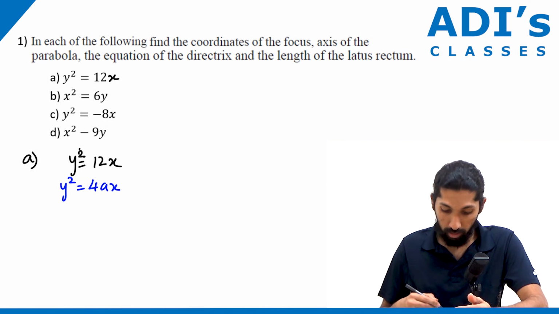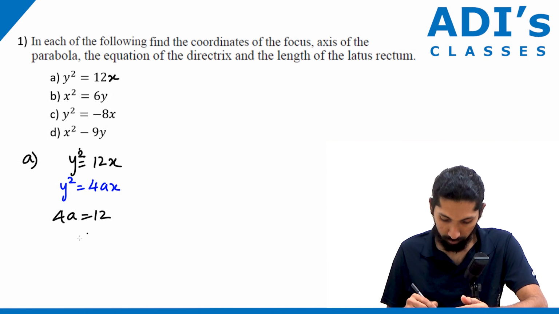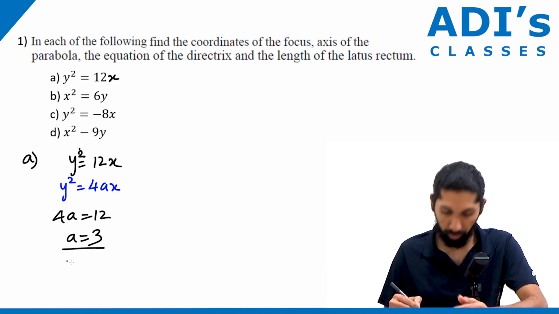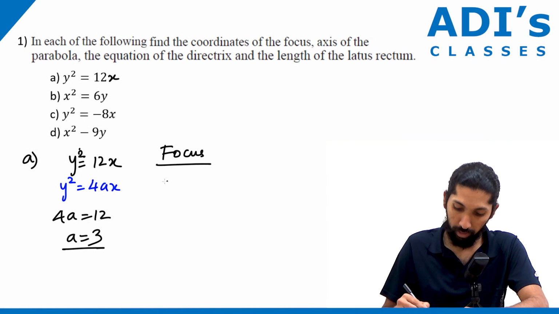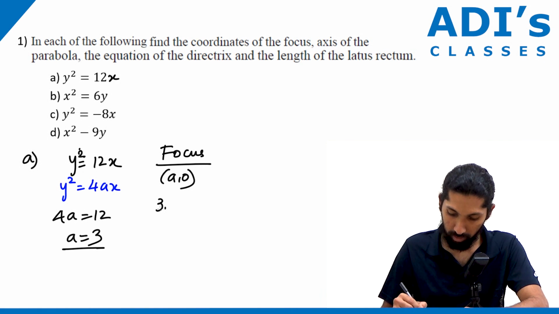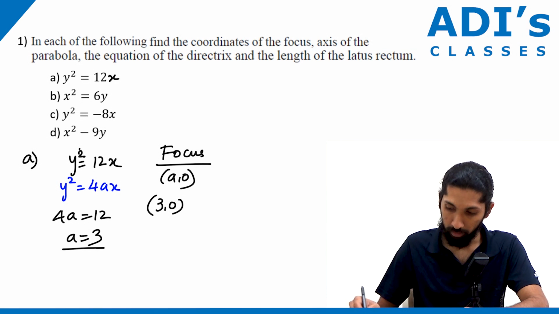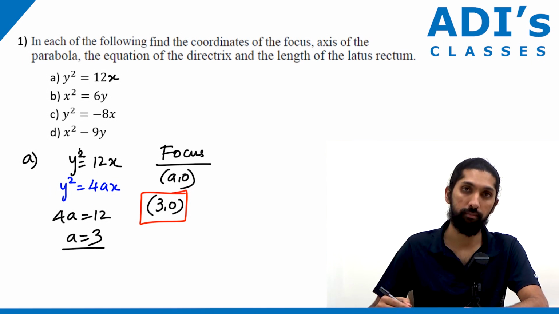Now, once you have this, 4a is equal to 12. So, a is equal to 3. What is the formula for focus? Focus is always given by (a, 0). That means here the focus becomes (3, 0). Focus is done.